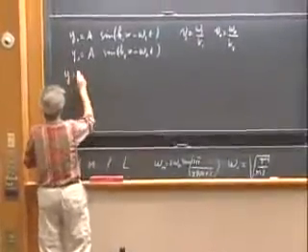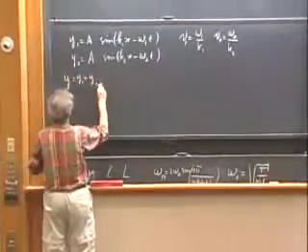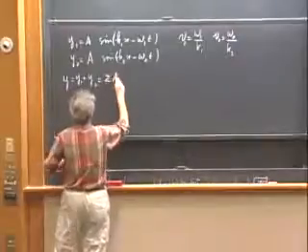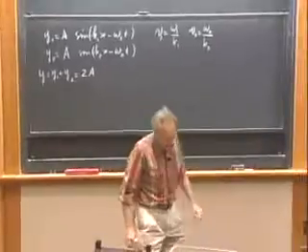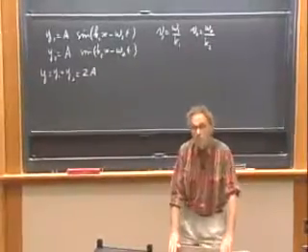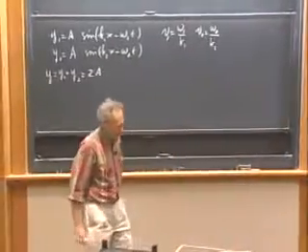So y is y1 plus y2. So that becomes 2a times the sine of half the sum times the cosine of half the difference.